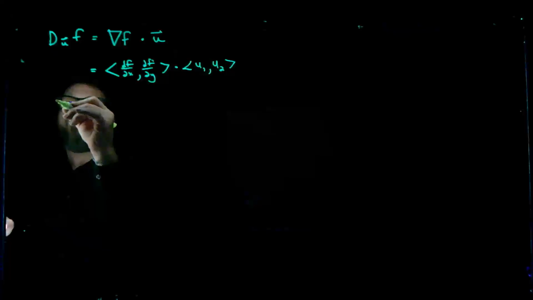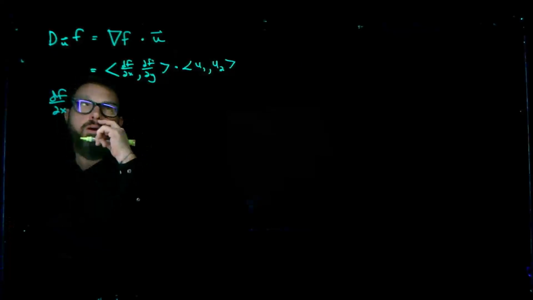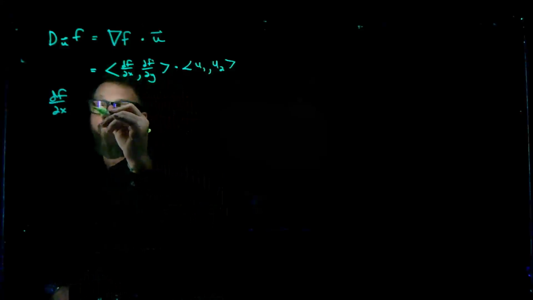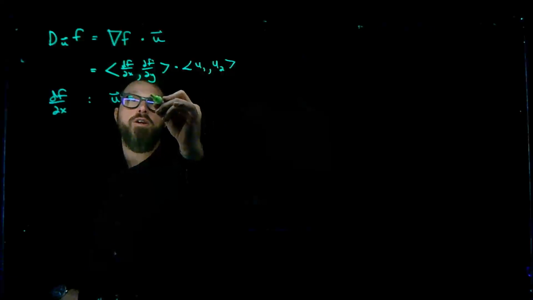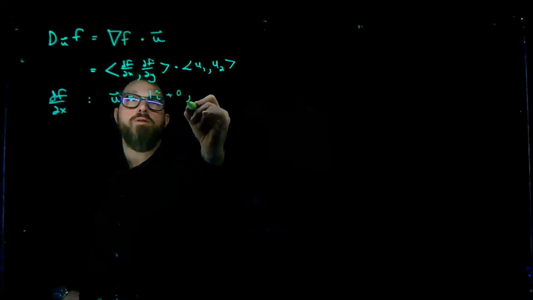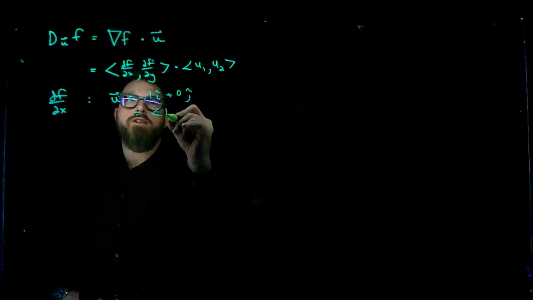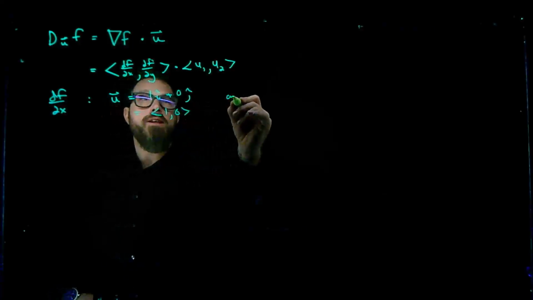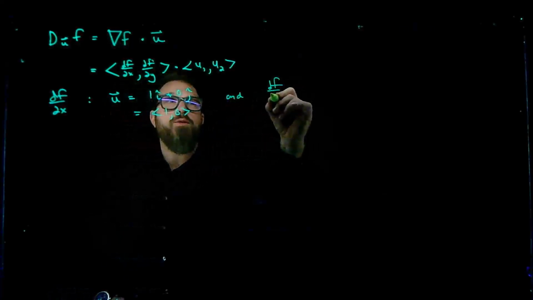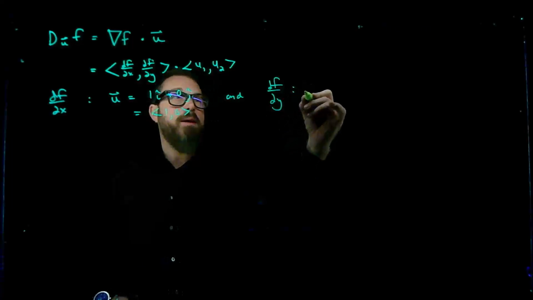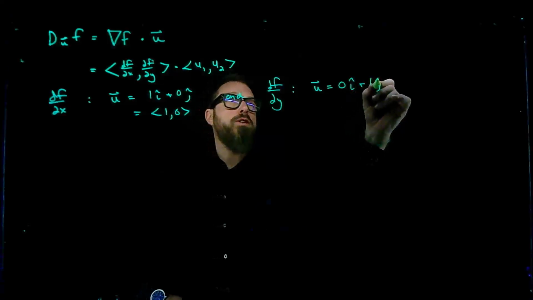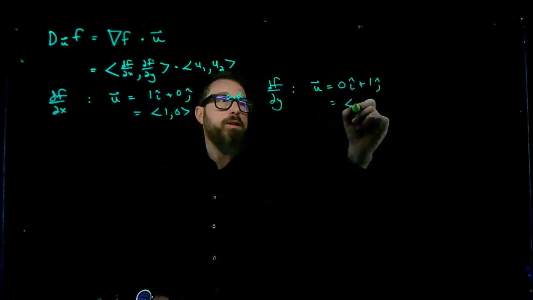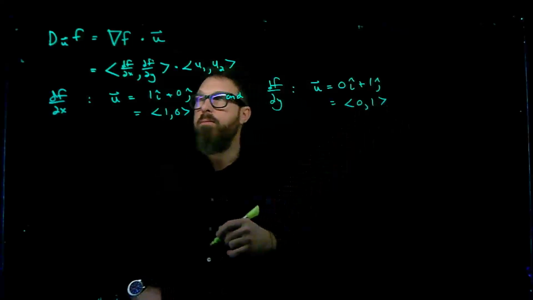So if I want to find df dx, essentially what I know is our unit vector would have to be 1i plus 0j, or I could write this as (1, 0). And if I want to find the derivative of f with respect to y, that would mean my unit vector is going to be 0i plus 1j, or I can write this as (0, 1).